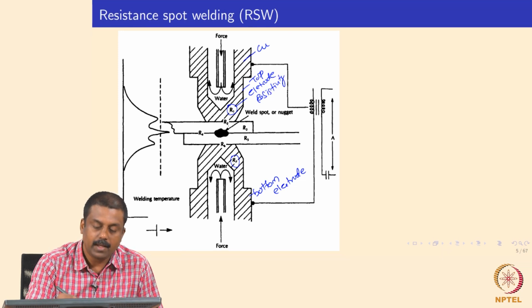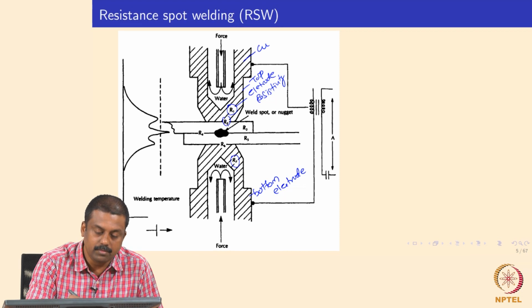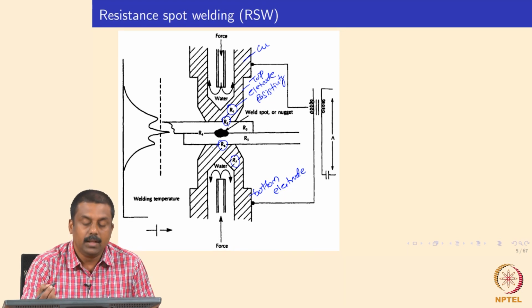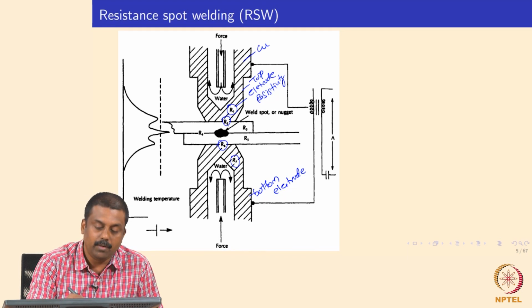Okay. And then we have R2. R2 denotes the resistance at the interface between your electrode and the sheet surface.